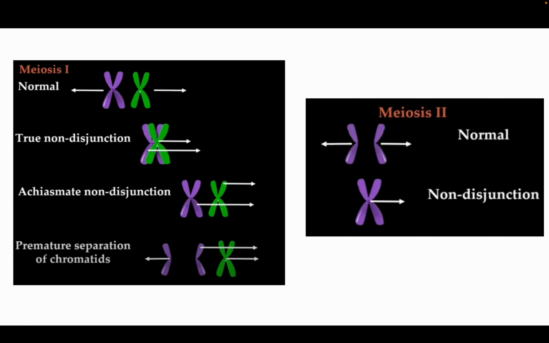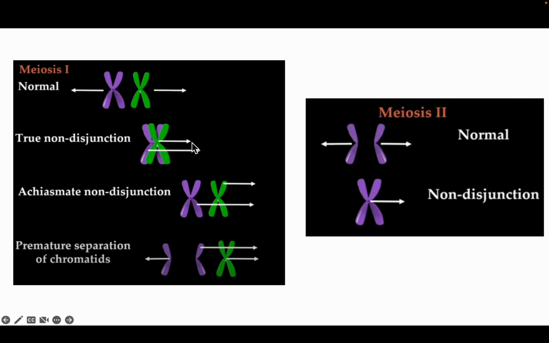During meiosis, some abnormal chromosome dislocation or disjunction can happen, and that may or may not lead to some physiological problem. In the normal condition in meiosis 1, the two homologous chromosomes get separated. But when this normal condition is not there, it can happen that both homologous chromosomes go into one cell.